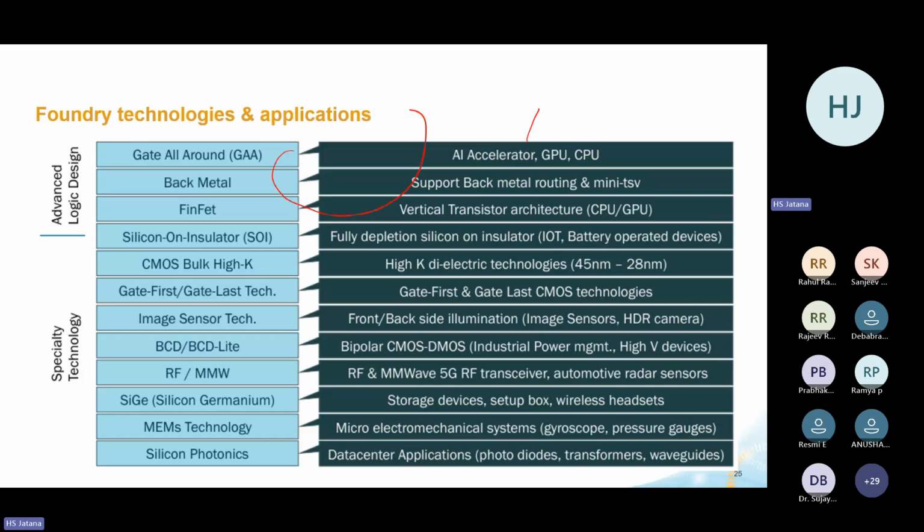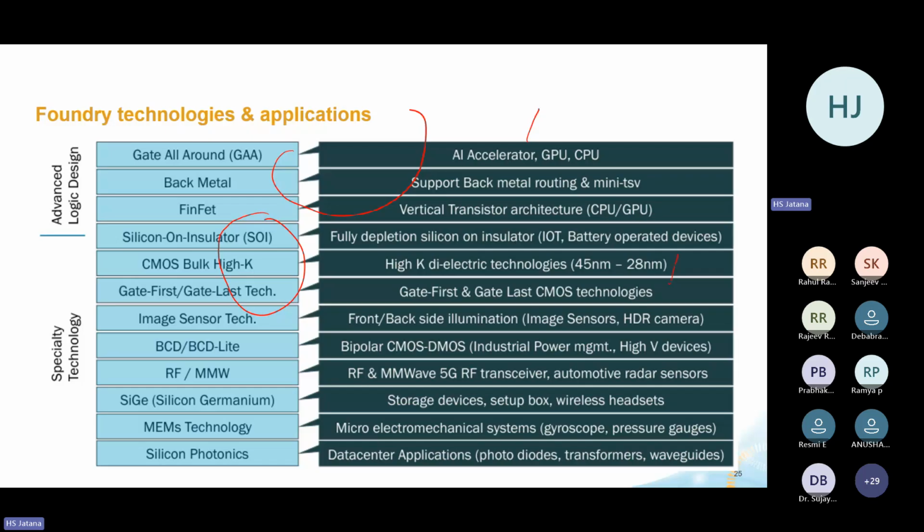But if you are making a mixed-signal or analog product, then you can go for silicon on insulator, which is PD, partially depleted SOI, and fully depleted SOI. High-K dielectric technologies are available for high speed. So there are different technologies available.